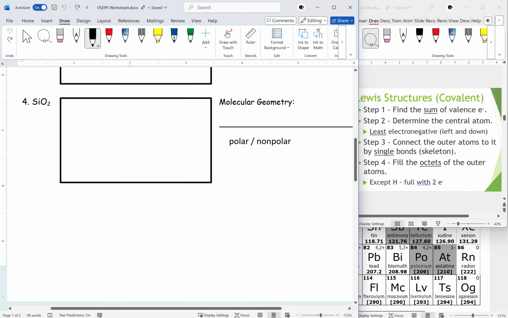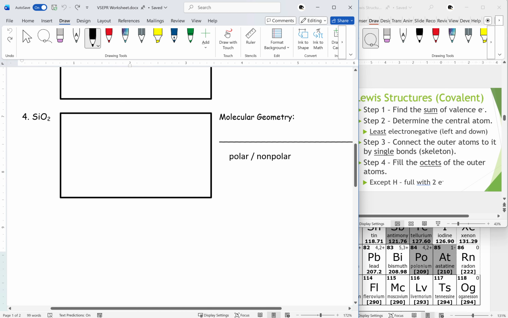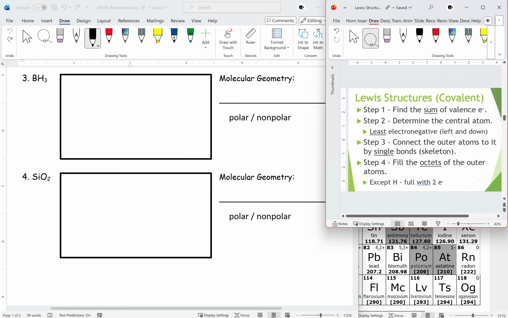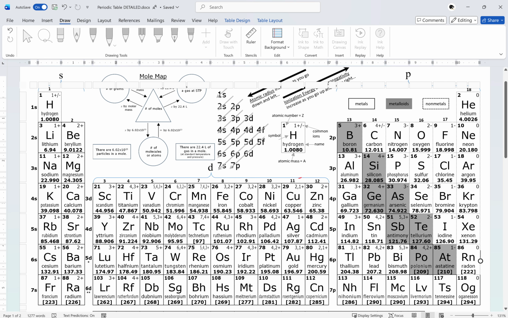We're going to do silicon dioxide, SiO2. Over here I have my steps. First is to find the sum of valence electrons. So we have silicon and oxygen. Back to my periodic table, silicon is in group 14, 4, and then oxygen, group 16, 6.